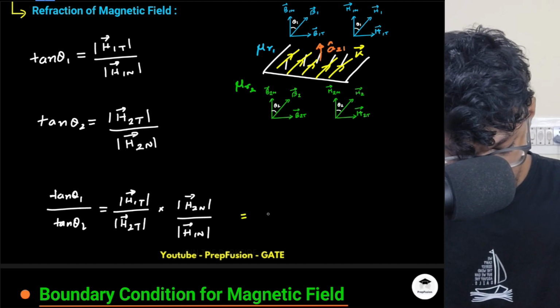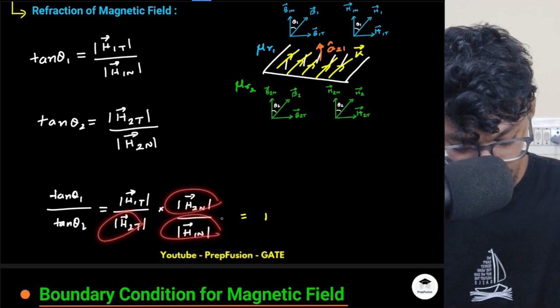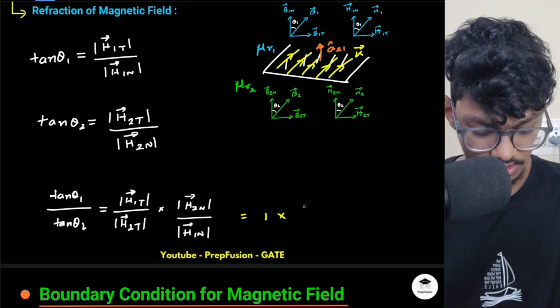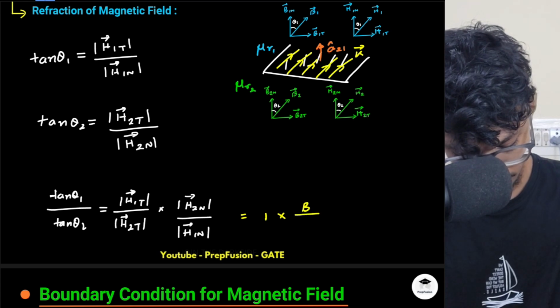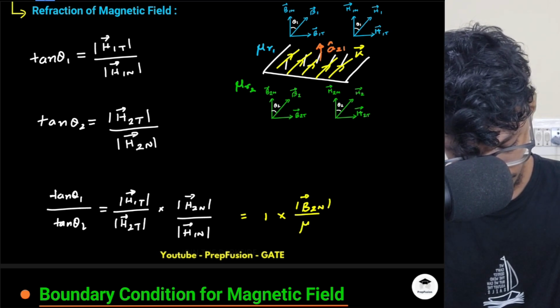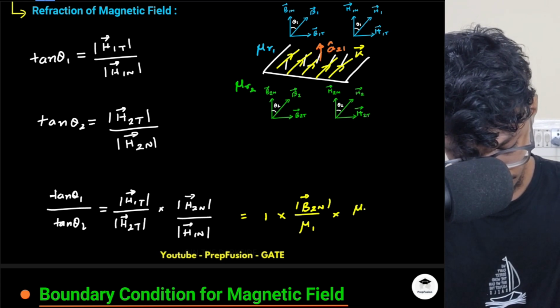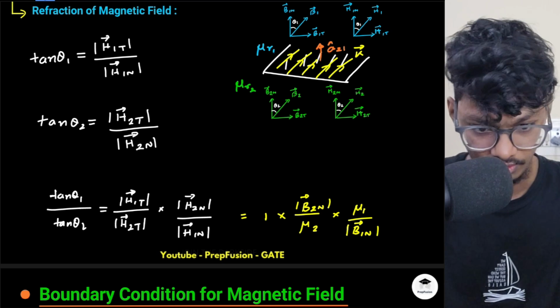So what will happen is this one will become 1, because H1t and H2t will be the same, and H2n and H1n are related like this. If you remember, B by mu equals H, so H2n will be B2n by mu2, and H1n will be B1n by mu1.